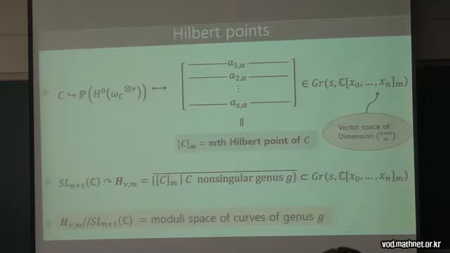So as before, in the plane cubics, this H nu m is just going to be P9, okay? And SL3 was acting on P9, you take the quotient and you get the moduli of plane cubics. In this case, you're looking at this Hilbert scheme, and you mod out by the linear coordinate change, then you're going to get the moduli space of genus G curves.